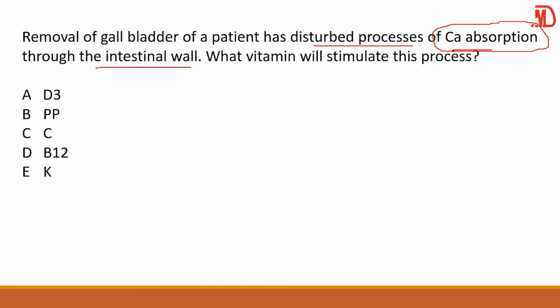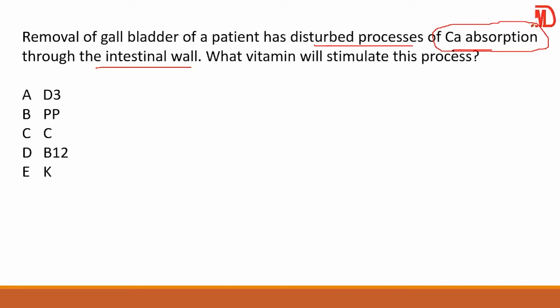And sometimes in the morning, they'll ask you to go and stand under the sun. When you stand under the sun, you are actually getting vitamin D3. And it prevents rickets.